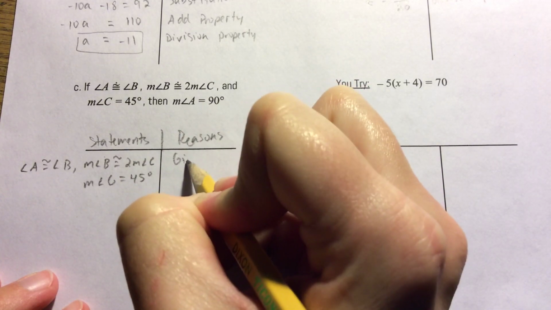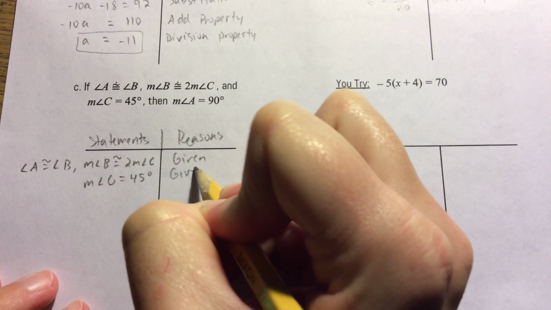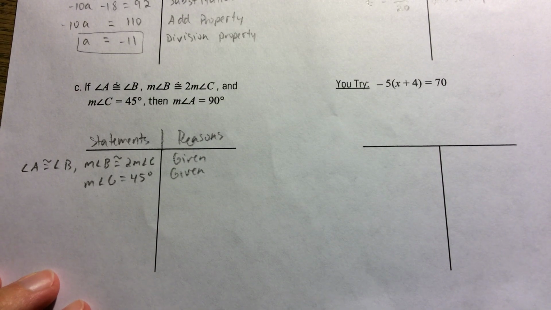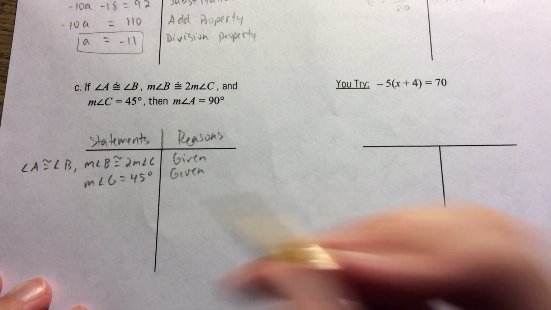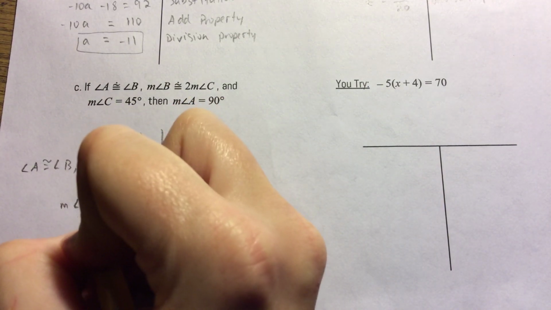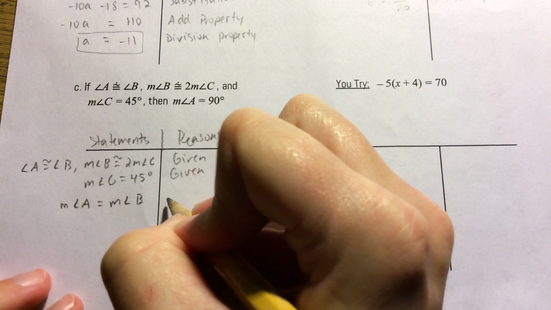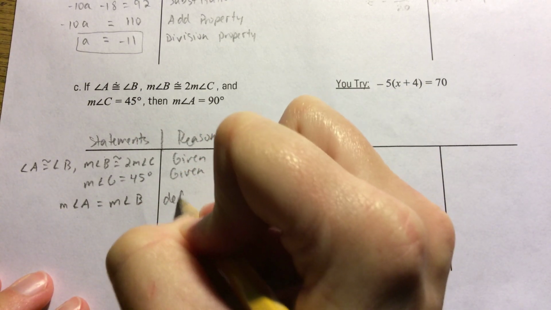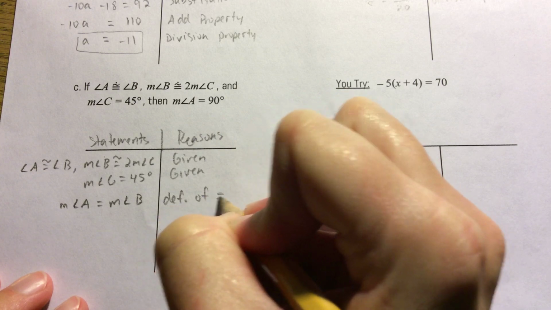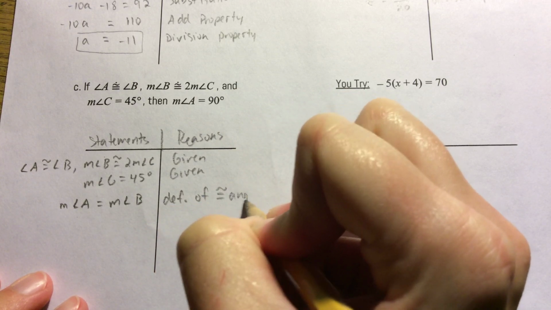So those are both given. Okay, so if it says that angle A is congruent to angle B, that means that their measures are the same. So I'm going to say measure of angle A is equal to the measure of angle B, and that's by the definition of congruent angles.